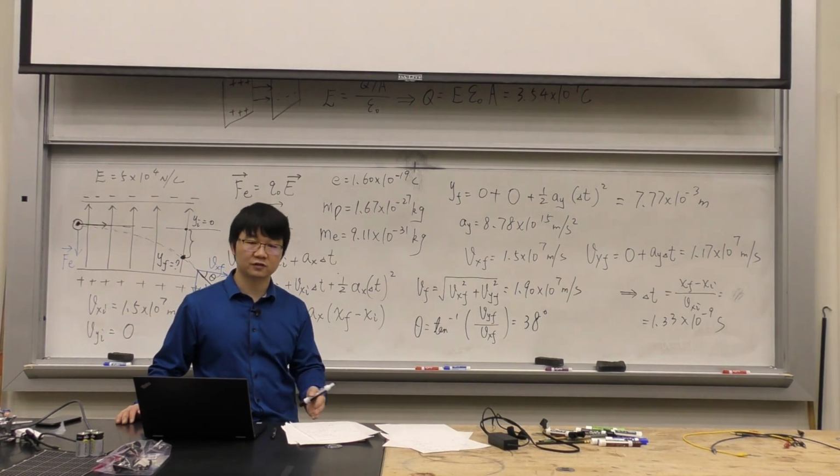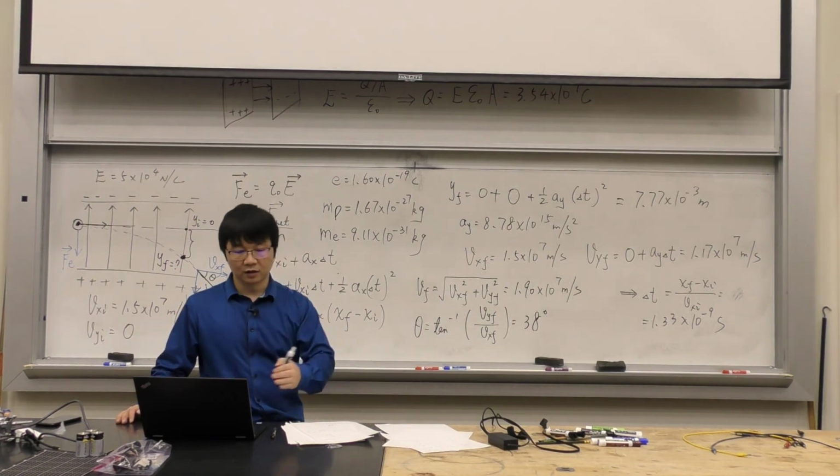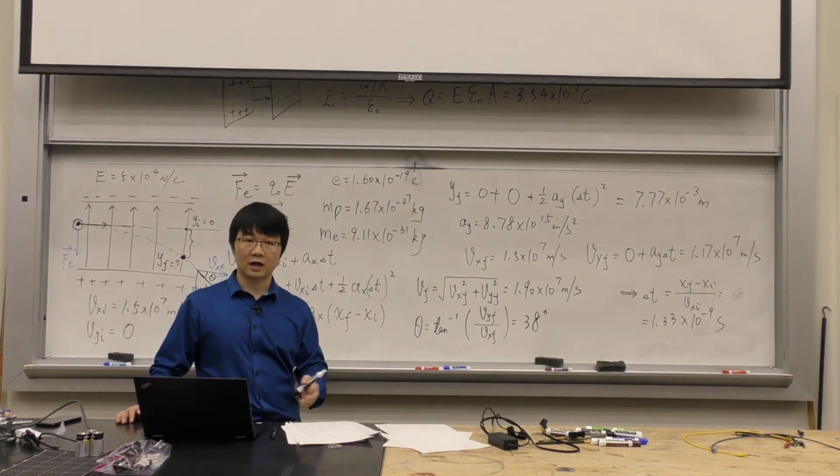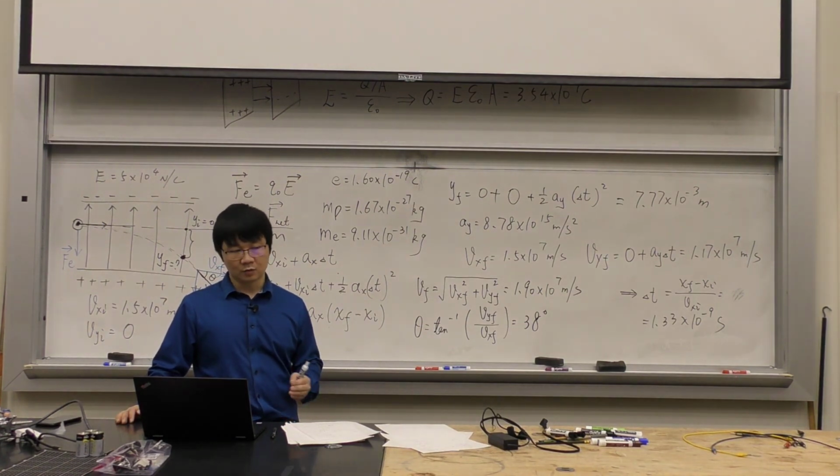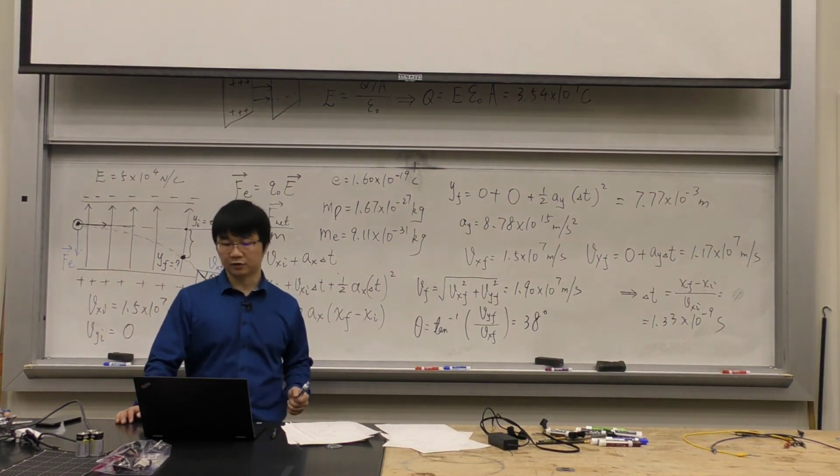The only thing they share is the time, so you can use that in both x and y directions. Other than that, don't get them mixed up: x values stay in the x direction, y values stay in the y direction. So that's what we did today. Now I'm going to stop here for this video.